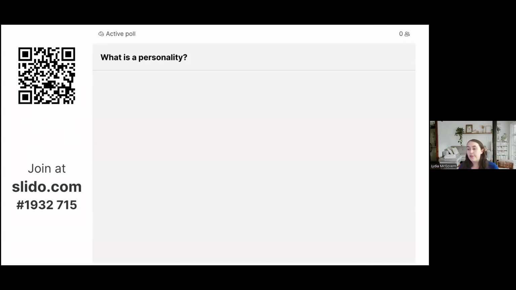So we do have just a poll to start us out with. What is a personality? You can either scan that QR code using your phone camera, or you can type slido.com into your browser and type in that code. It's going to prompt you to enter in, just in a couple words, what a personality is.